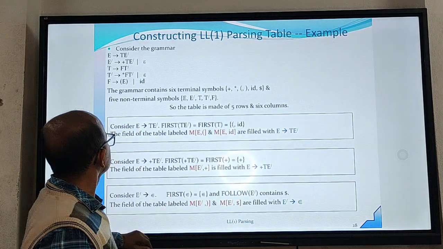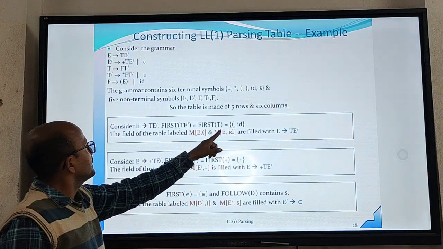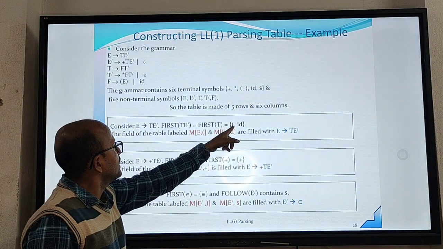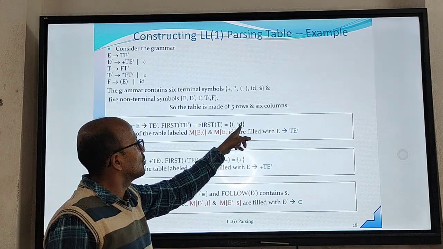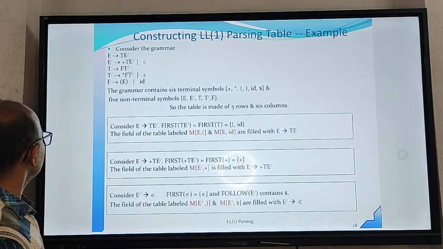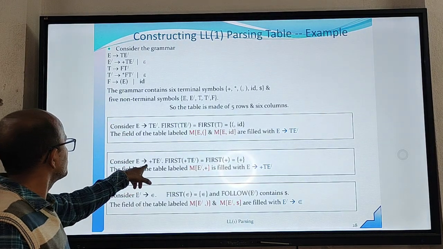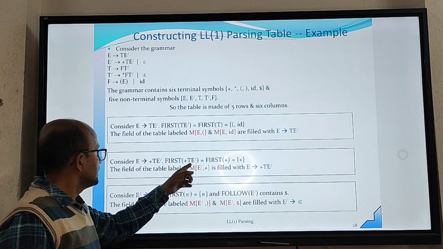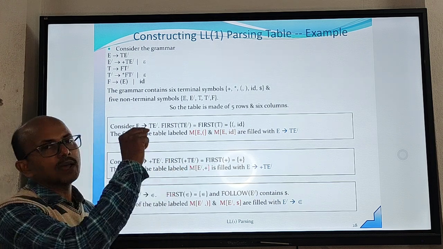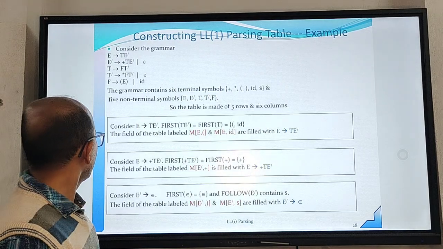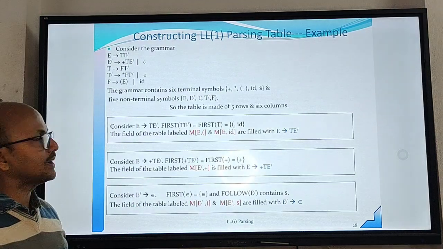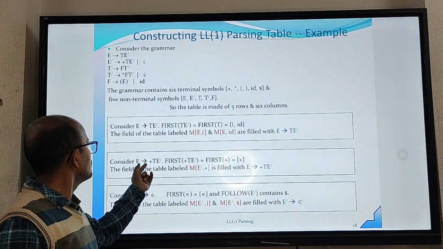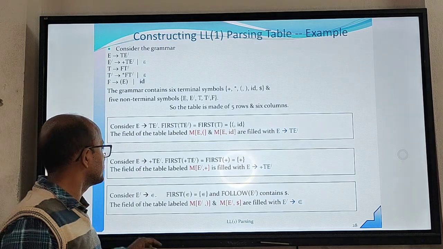E produces T E prime in the column left parenthesis and in the column id. Similarly, if we consider E prime produces plus T E prime, we know that the first of right hand side is basically the plus. So in the plus column of your parsing table and the E prime row of your parsing table, the entry E prime produces plus T E prime will be inserted.